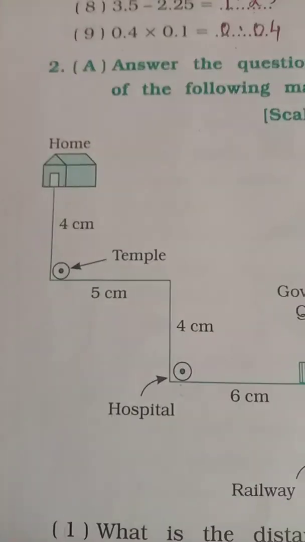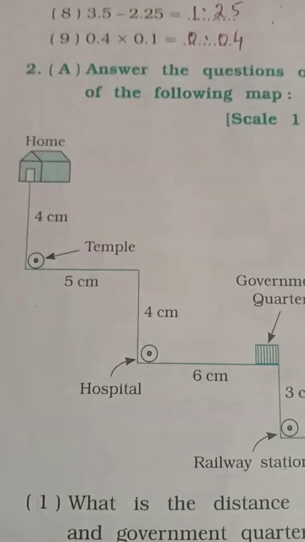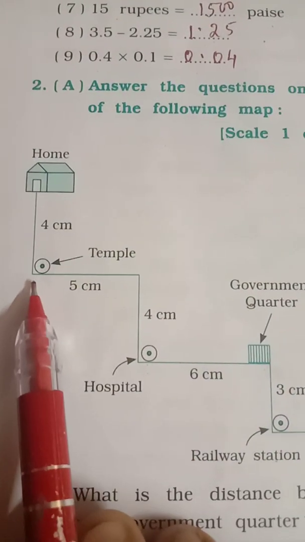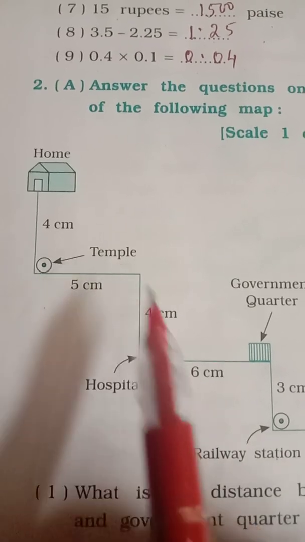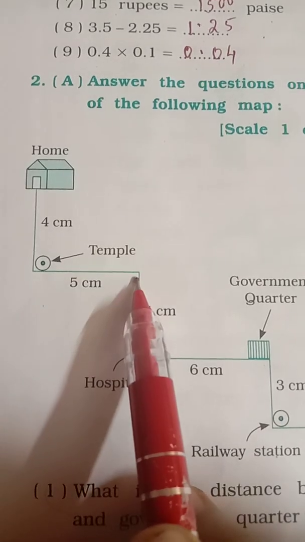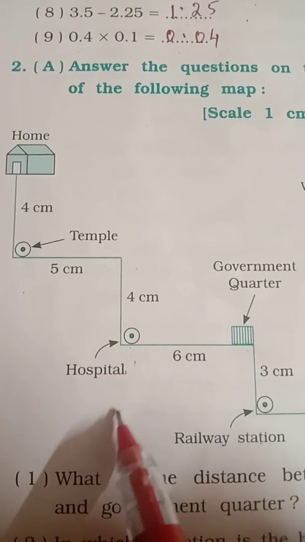Here it is 4 centimeter distance from home to temple. 4 centimeter means 4 kilometer, and from temple to hospital it is 5 centimeter, that means 5 kilometer, and 4 plus 5, that is 9.